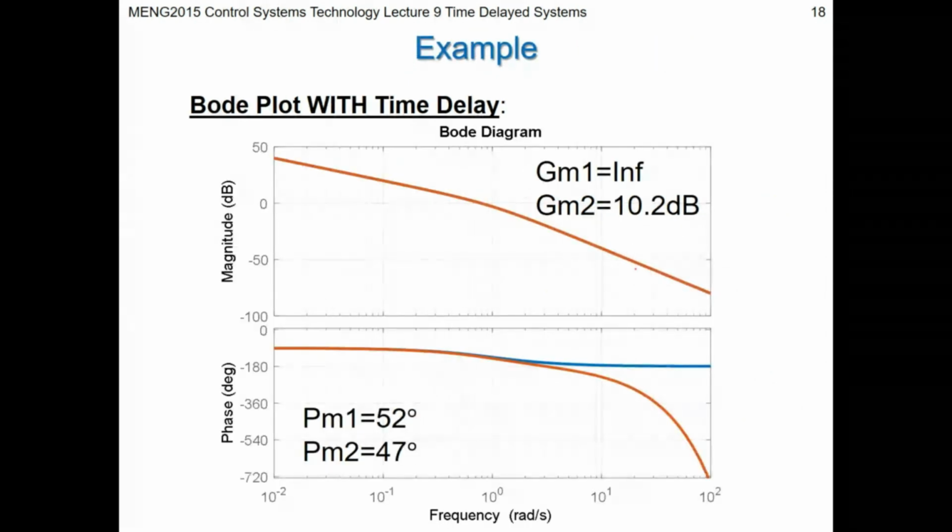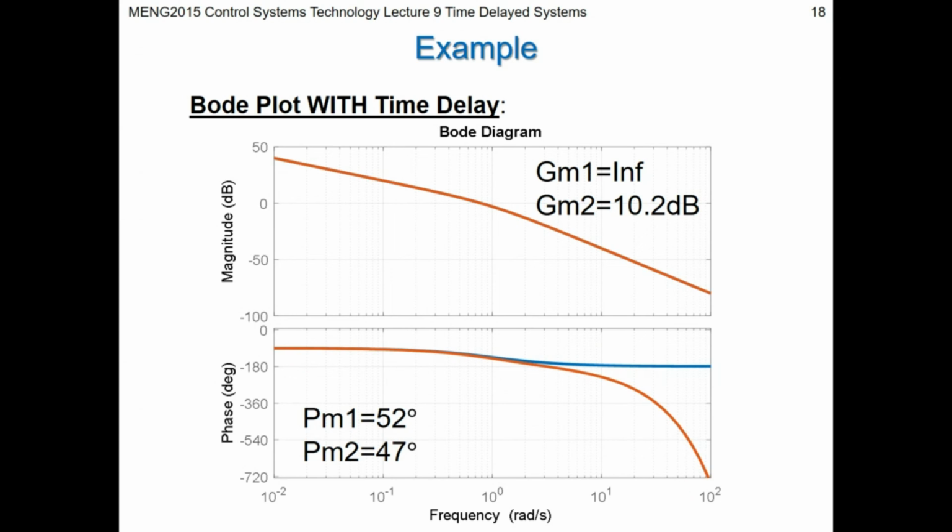There's no difference between having the time delay and not having the time delay in the gain plot. They should be the same, but with the phase, you can see the phase looks almost flat for the blue line, which is without the time delay. But when you introduce that pure time delay, it really just drops right off the cliff here.